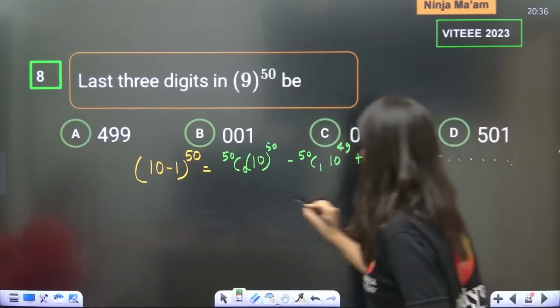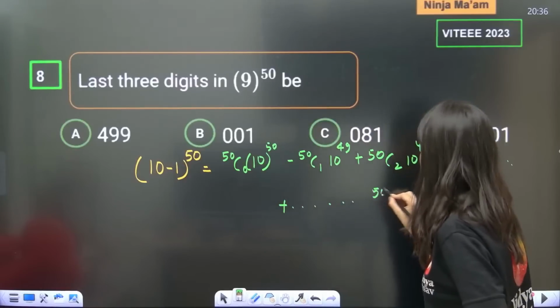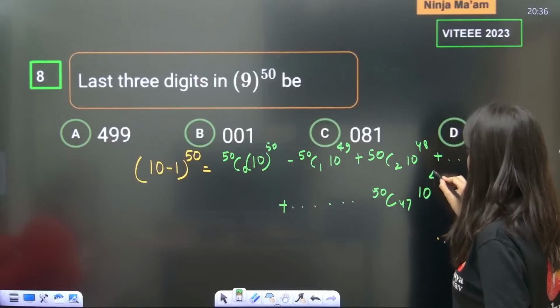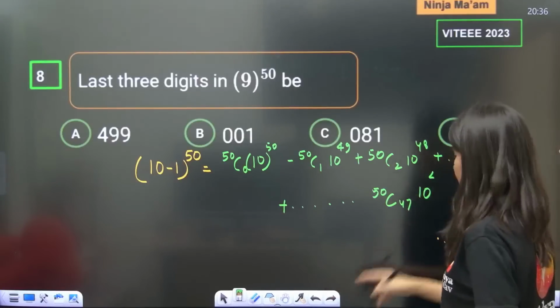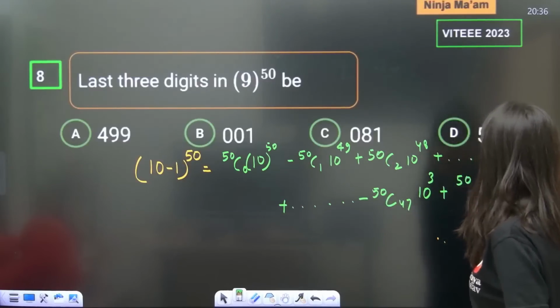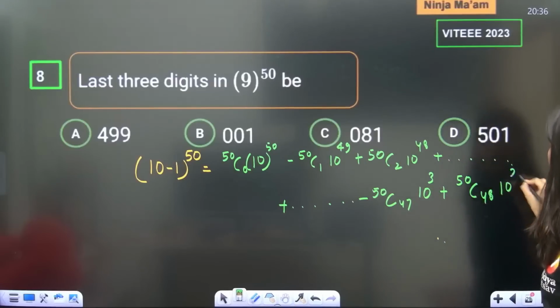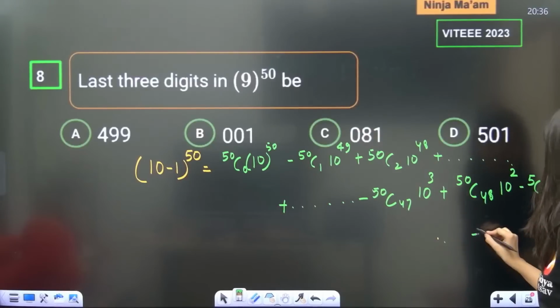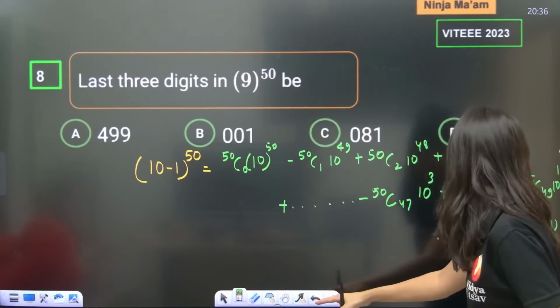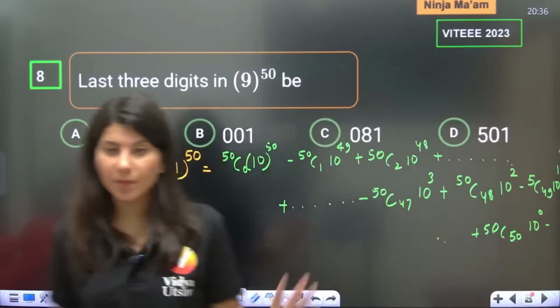And it will go all the way up to 50 C 47, 10 raised to power 3, minus 50 C 48, 10 raised to power 2, plus 50 C 49, 10 raised to power 1, and 50 C 50, 10 raised to power 0, minus 1 raised to power 50. Okay, so this last thing will be positive 1 only. This is how we need to do the binomial expansion.